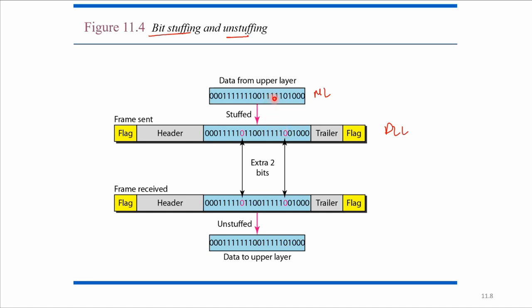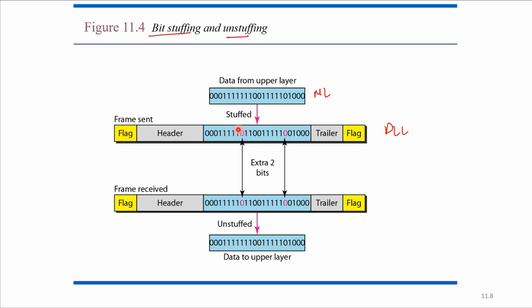After 5 ones, a sixth one must not be there. If there is a sixth one, the system will understand it as the end of the frame. Flags are there in the frames to avoid that confusion, because flags are represented by 0, 6 ones and then 0. So this distinguishes between a flag and the data.